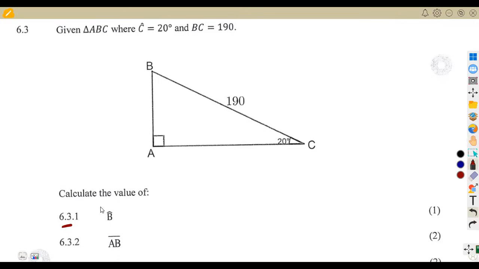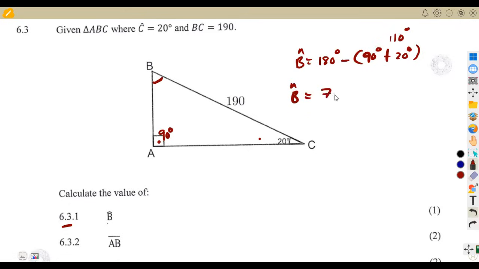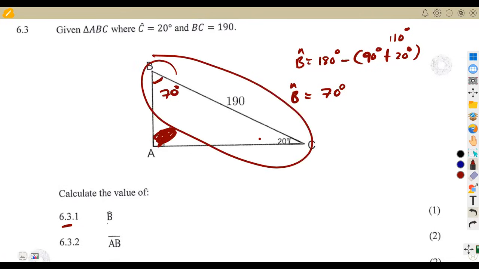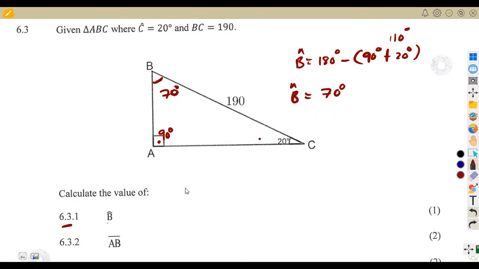Calculate 6.31, the value of angle B. We know that angles in a triangle add up to 180 degrees, so we subtract 90 degrees and 20 degrees from 180 to obtain angle B, which gives 70 degrees. Or simply, since one angle is 90, these two angles must add up to 90, so you can subtract from 90.